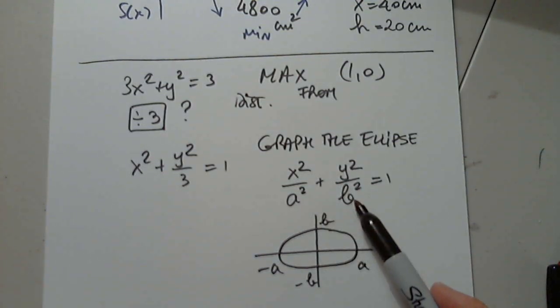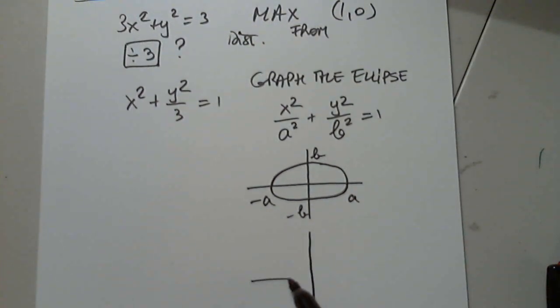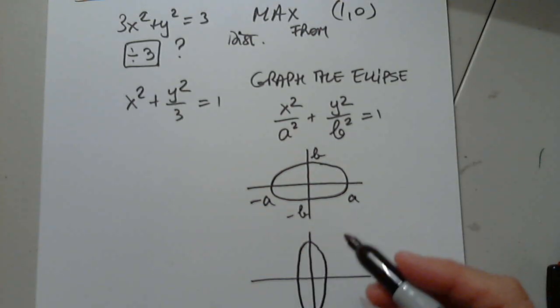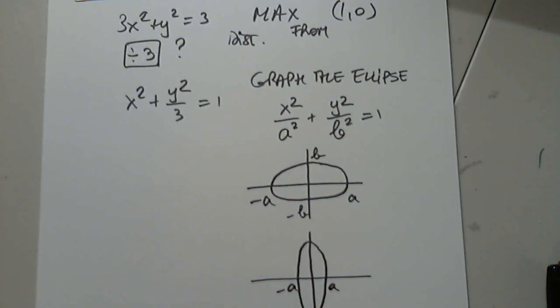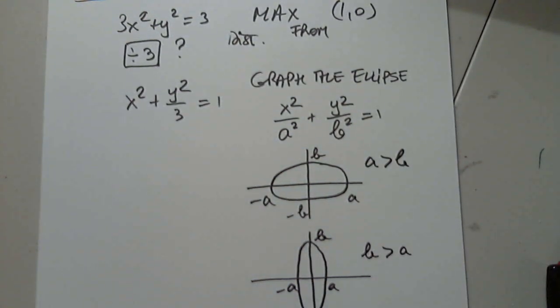If it's the other way around, then it's like this. This is still negative a, negative b, positive b, but here a is greater than b, and here b is greater than a.